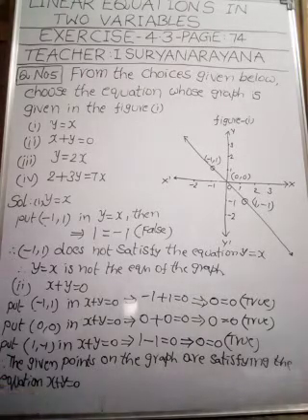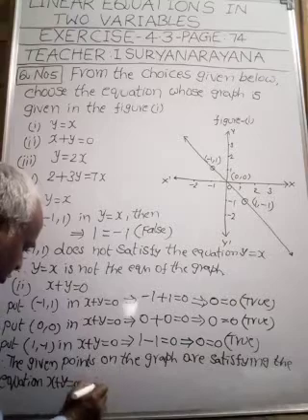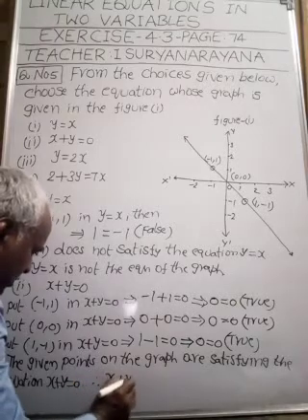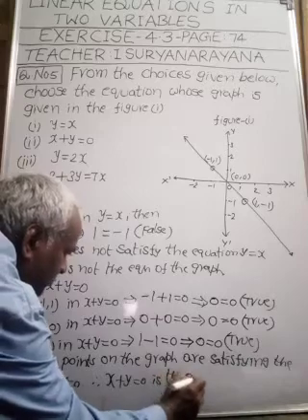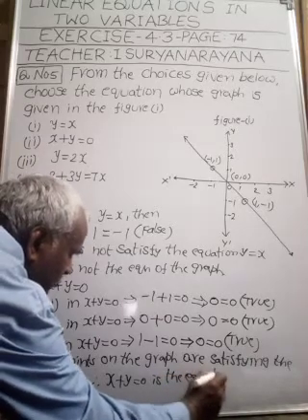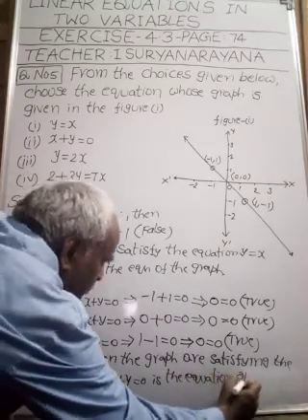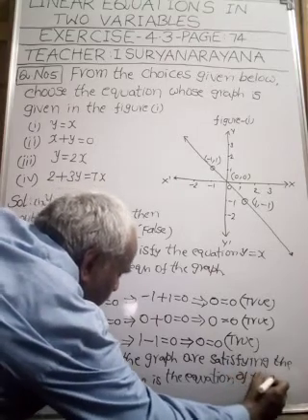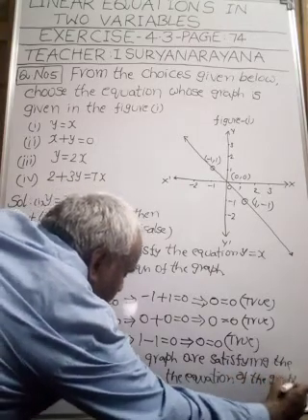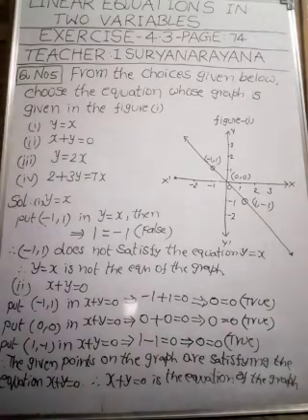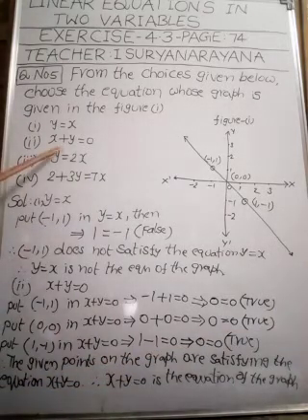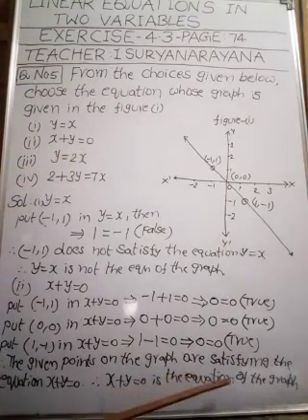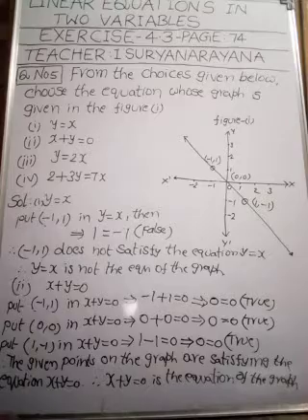Understood this point, my children? Therefore, x plus y is equal to 0 is the equation of the graph. Therefore, finally we decided that this equation x plus y is equal to 0 is the equation of the graph. Understood this point, my children? Right.